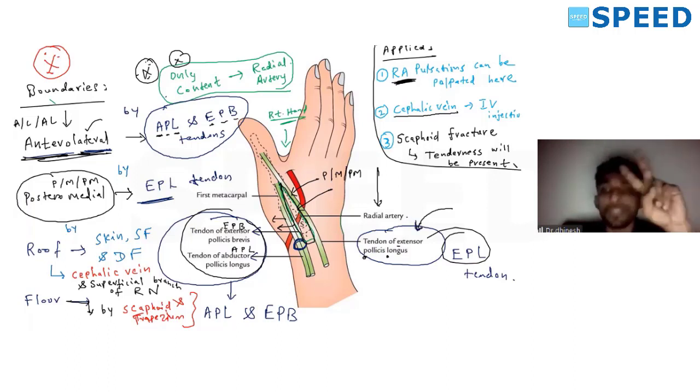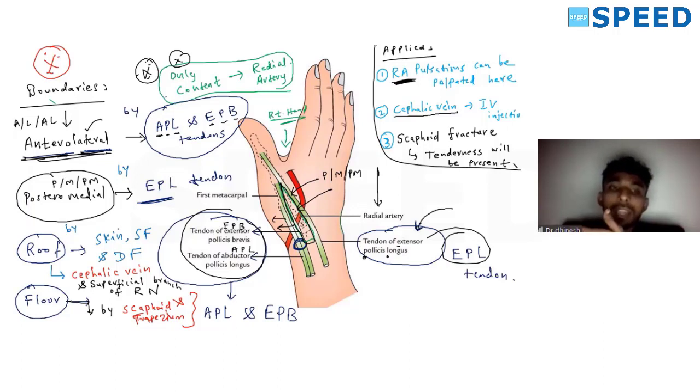Other than these two boundaries, anterolateral and postero-medial, we have to remember the structures forming the roof and the floor of the anatomical snuff box. The roof will be formed by skin and superficial and deep fascia.